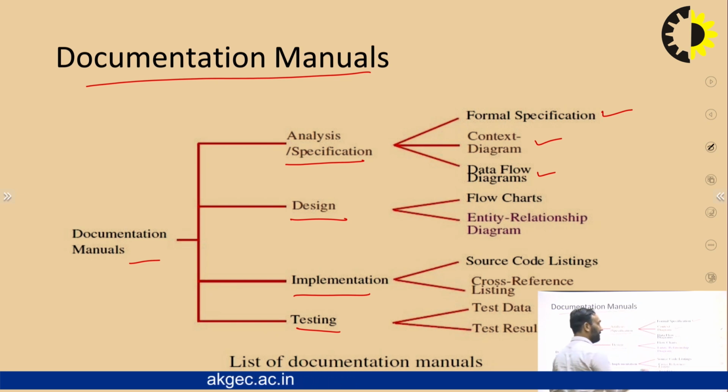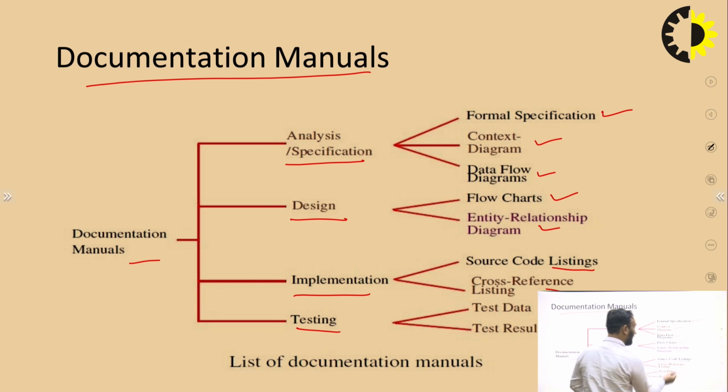Design includes flow chart, ER diagram. Implementation includes source code listing and cross reference that are used to develop the software. And testing includes the methods which we apply to test the specific software, their test data, and according to the applied test data, their outcome, or we can say test result.